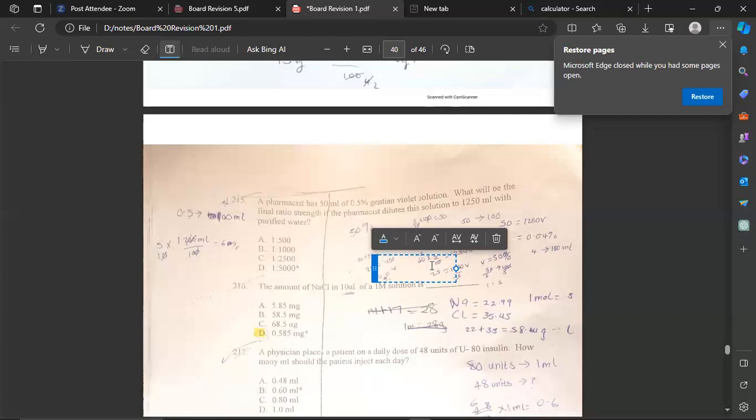So in 50 ml, you'd have 0.25 ml of gentian. Then the 0.25 ml is now dissolved in 1250 ml. So the ratio is 0.25 to 1250. Then you write your ratio in the simplest form, and you get, I think, D.